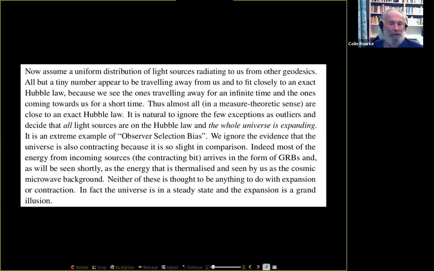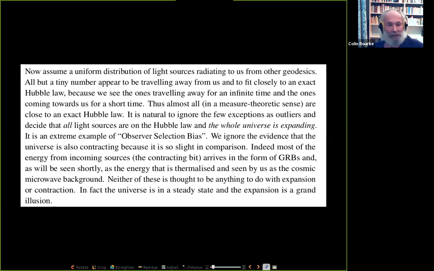There's something gone wrong. We've got a funny one here. We'll just ignore that. And you decide that all light sources are on the Hubble law, and the whole universe is expanding. An extreme example of observer selection bias. We ignore the evidence that the universe is also contracting because it's so slight in comparison to the evidence it's expanding.